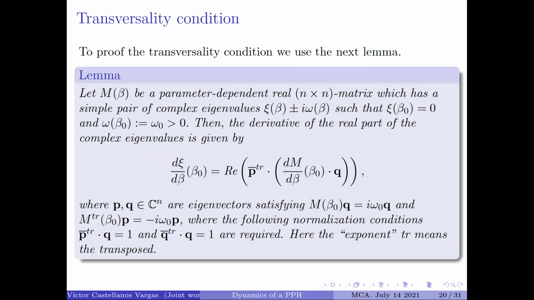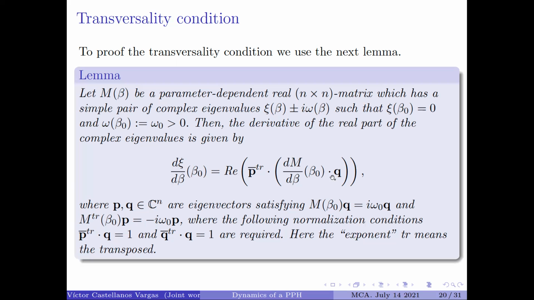Let M(beta) be a parameter dependent real n by n matrix, which has a simple pair of complex eigenvalues, mu of beta equal to plus or minus i omega of beta, so that mu at beta 0 is equal to 0, and omega of beta 0 is equal to omega 0 that is greater than 0. Then the derivative of the real part of the complex eigenvalues is given by these numbers.